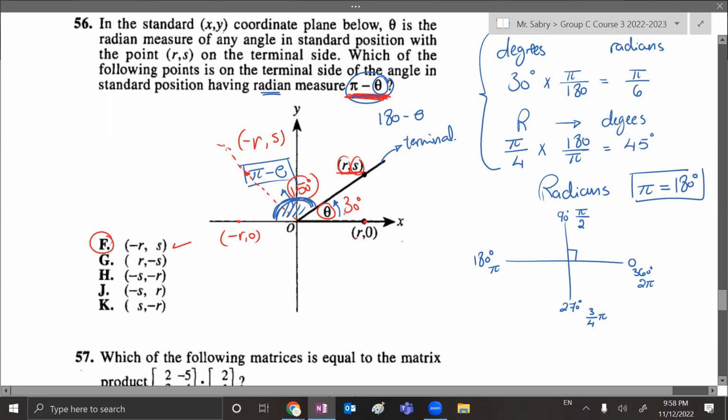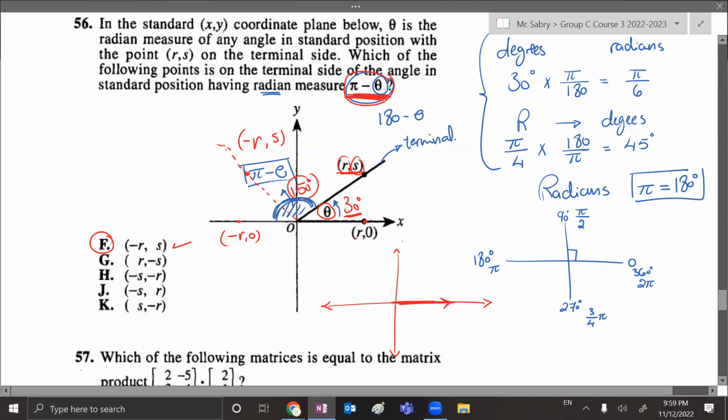So if we assume that theta is 30 degrees, the angle that they're talking about would be 150 degrees, right? Mm-hmm. Whenever we're trying to graph or to put an angle on an xy axis, we should always start from this side here.